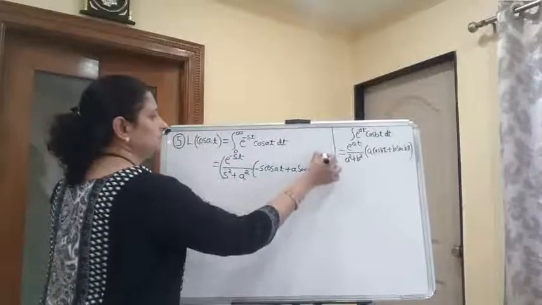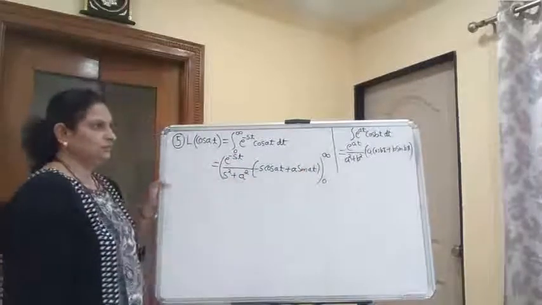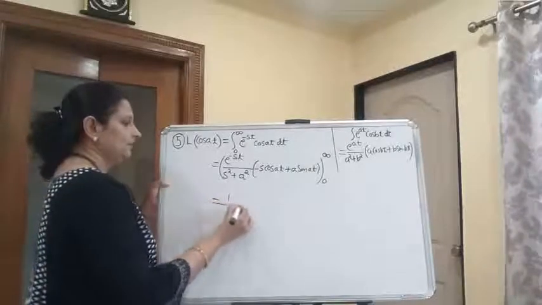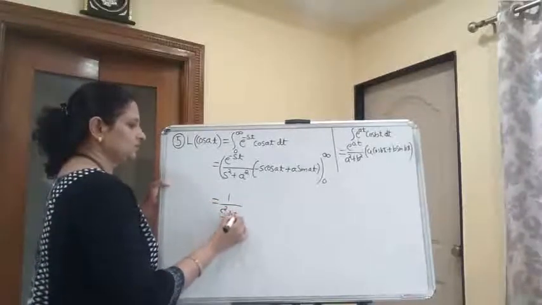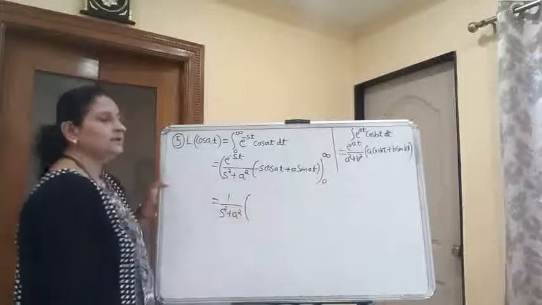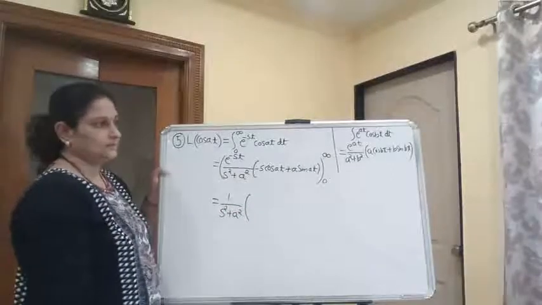And the limit of integration is 0 to infinity. 1 by s square plus a square is a constant. Keep it outside. Then apply the limits.